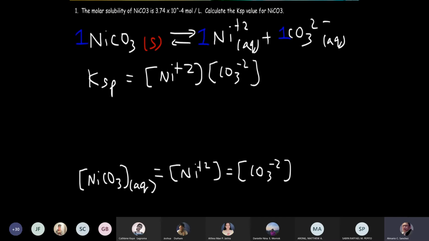Now keep in mind, solids and liquids are not included in the equilibrium expression, so we're not going to include this. So in this example, we just got to plug in the concentrations of nickel and carbonate, which are the same as this number. They're all equal to 3.7 times 10 to the negative 4.